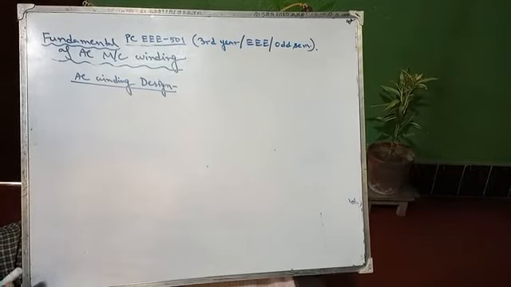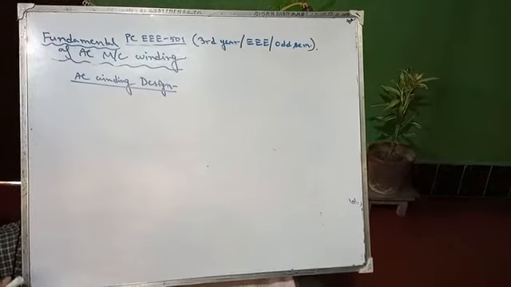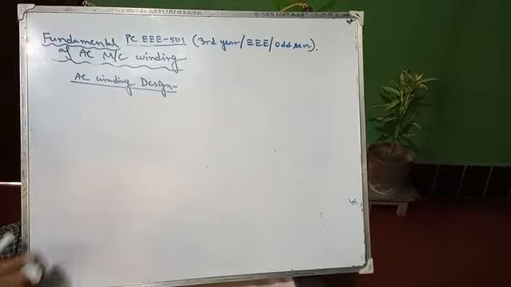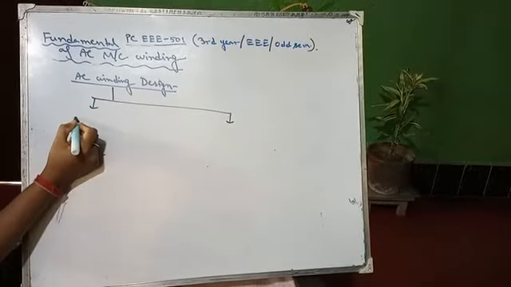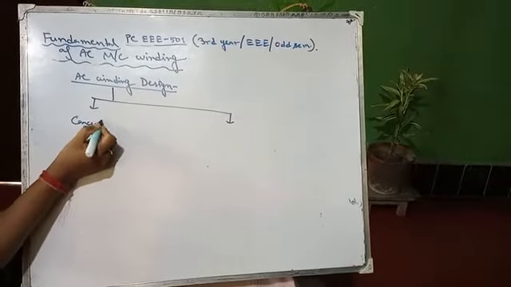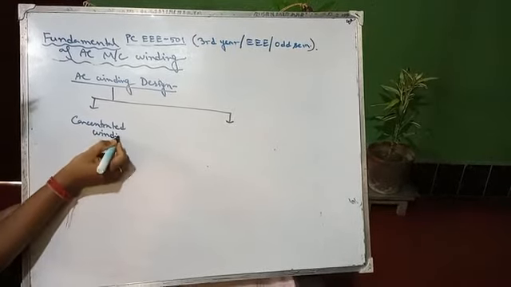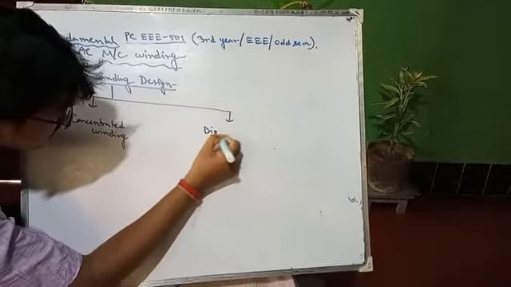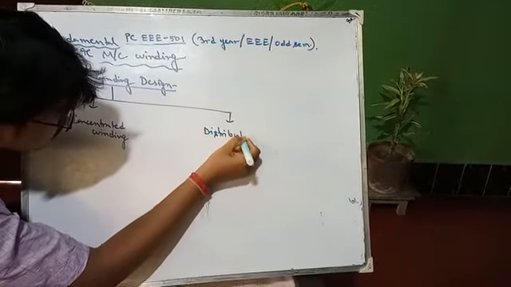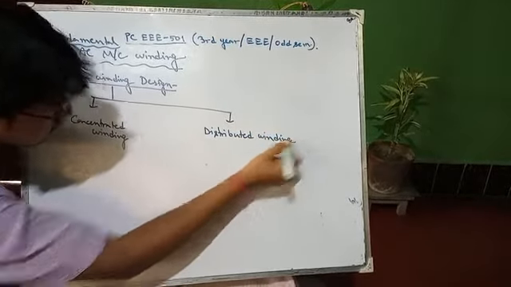Windings used in rotating electrical machines can be classified broadly into two categories. The first one is concentrated winding. The second one is distributed winding.